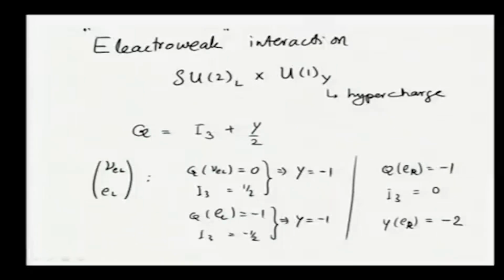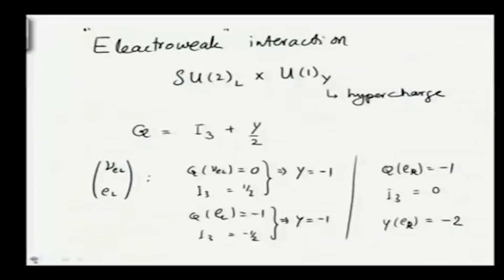Which is a combination of SU2L and U1Y now. The electromagnetic charge or electric charge of the electron is -1 irrespective of whether it is right handed or left handed. This is the reason why we cannot distinguish the left handed and the right handed electrons under electromagnetic interaction, but they are distinguishable under weak interaction.